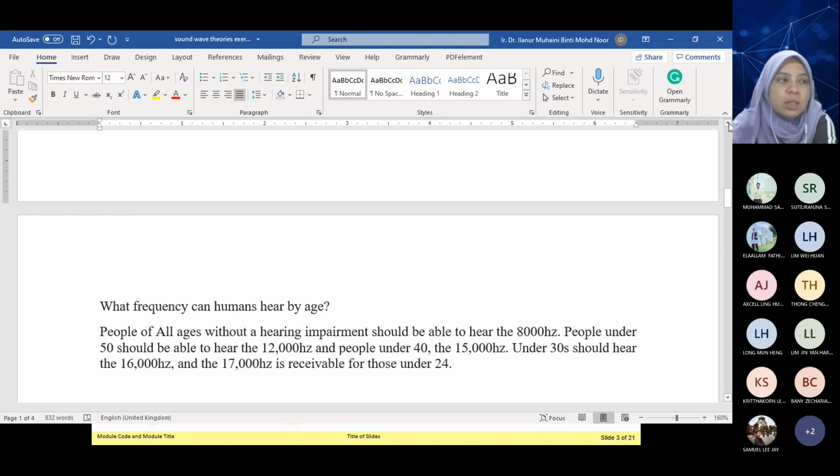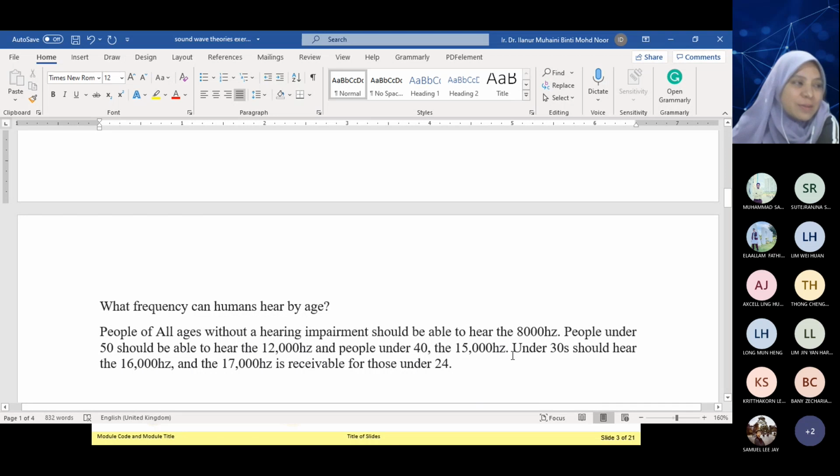People under 40, 15,000 hertz. So you don't fall under the 50, right? You fall under which one? Under 30? Or under 24, 17,000. Different ages have different hertz, different frequency that can be received.